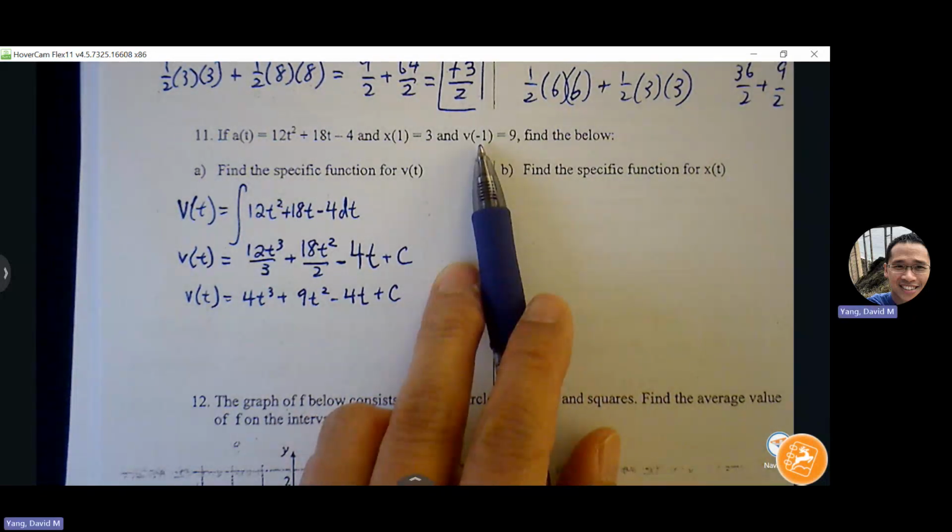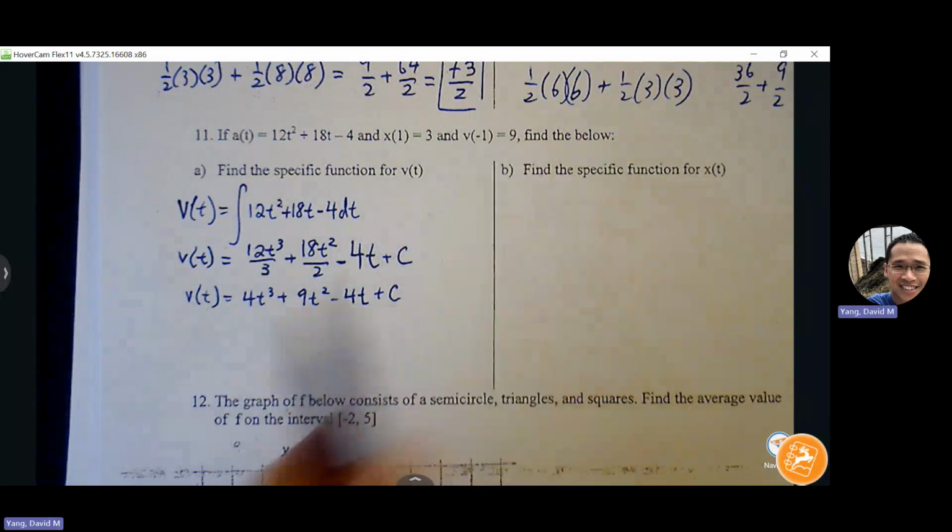Okay, -1 for t, yeah, and then 9 is my velocity.